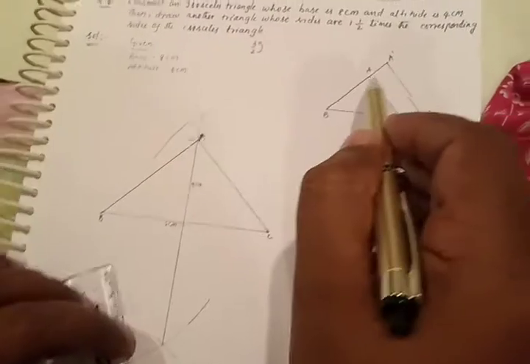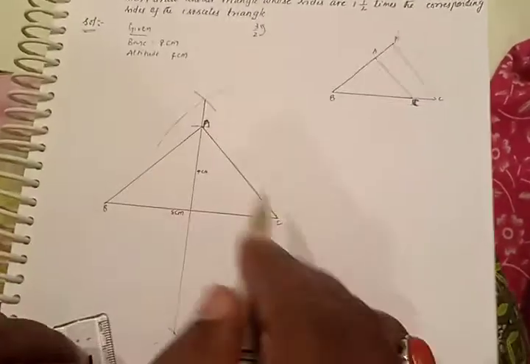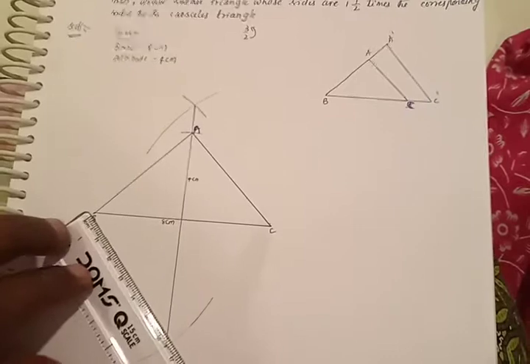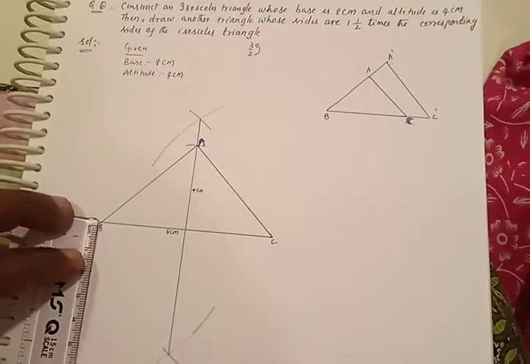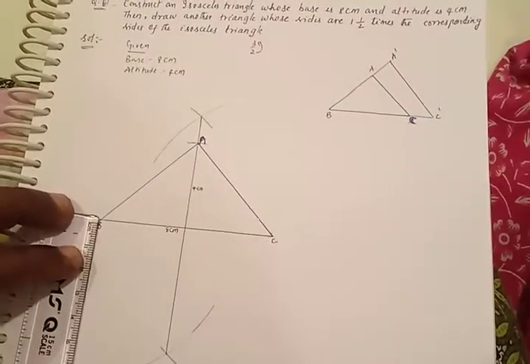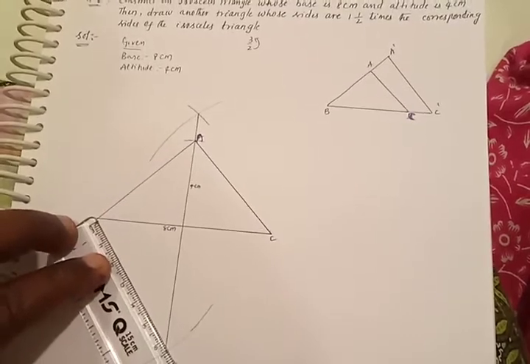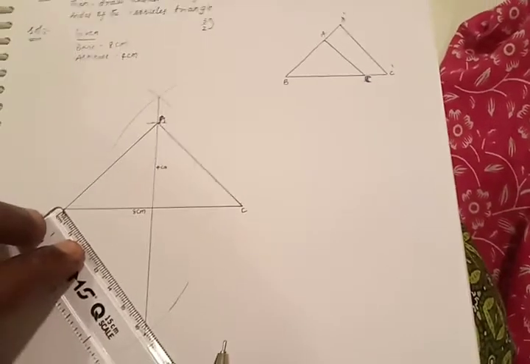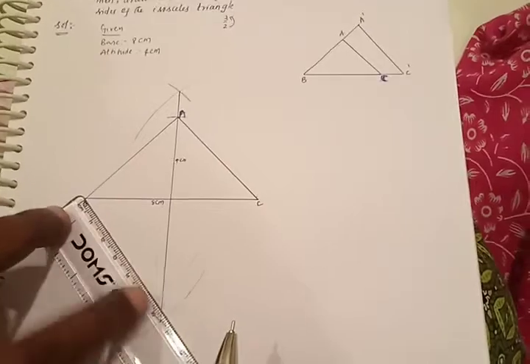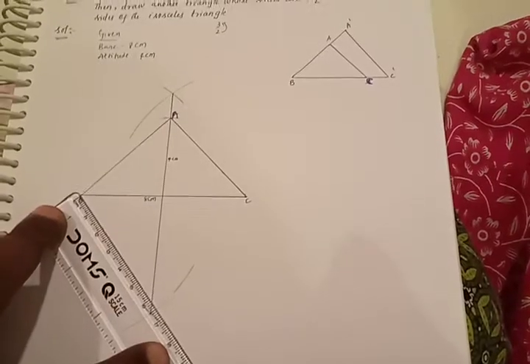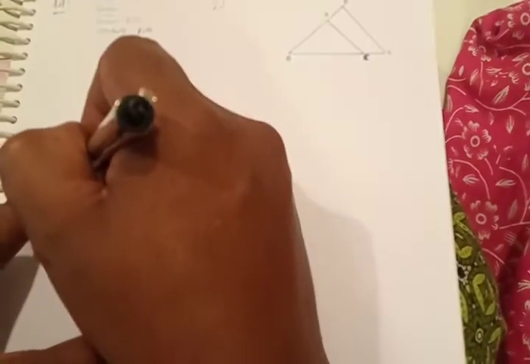As per the rough triangle ABC, we have drawn the triangle. Now this one is the 90 degrees and this one is the acute ray, as we already know.